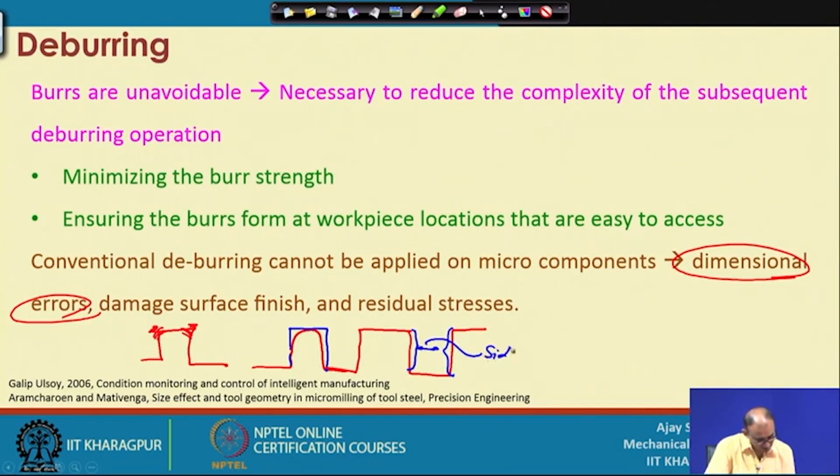So, this is the side or the wall, and this is the bottom, correct. So, this has a feature. So, if you have maintained these features or maintained the surface finish, whatever surface finish you want to achieve, that is accepted, but you have some burr formation here.